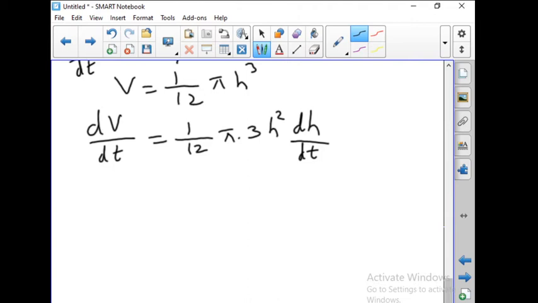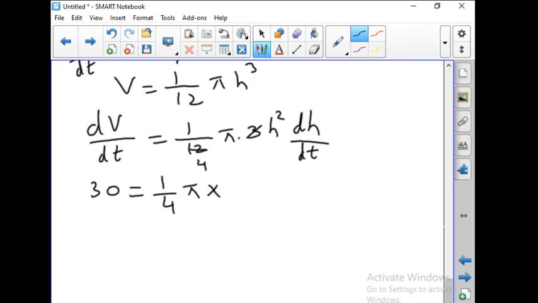Okay. So as I have explained in the first example, we use the chain rule. So now 3 goes into 12 four times, and what is given? dV by dt is 30. So 30 is equal to 1 by 4 pi. And what is given at the end of the question? How fast is the height of the pile increasing when the pile is 10 meter high?